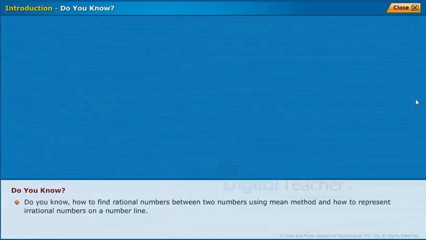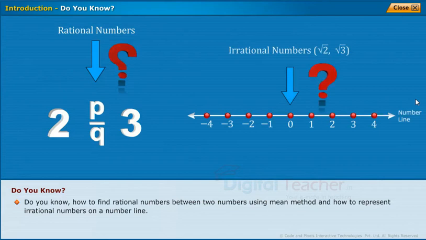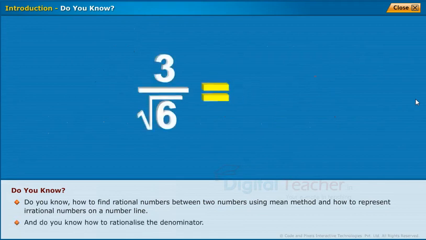Do you know how to find rational numbers between two numbers using mean method and how to represent irrational numbers on a number line? And do you know how to rationalize the denominator?